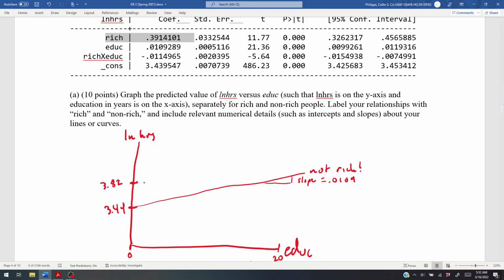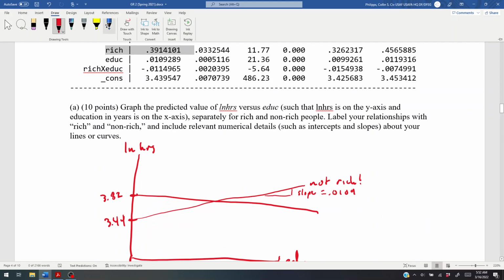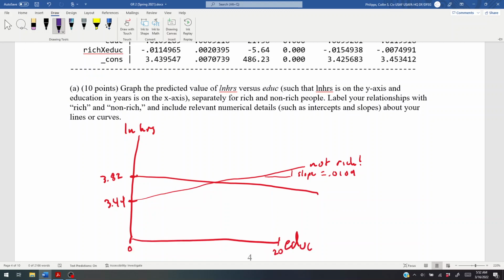All right. This is going to be rich. In fact, we could do it in another color. Action pen. Wow, action pen. There you go. Rich people get to be purple now.